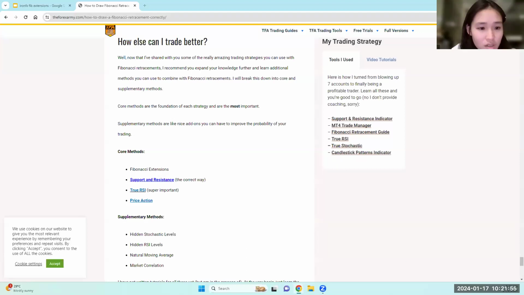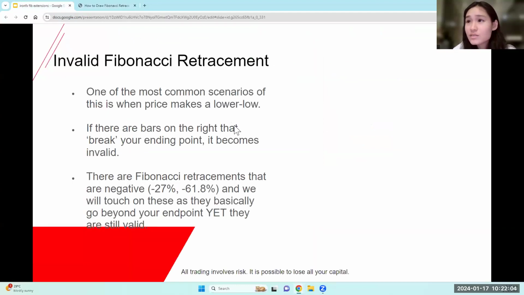Now let's look at when a Fibonacci retracement becomes invalid. One of the most common scenarios of this is when price makes a lower low. Assuming you are drawing a Fibonacci retracement from the top to the bottom, if there are bars on the right that break your ending point, then it becomes invalid.